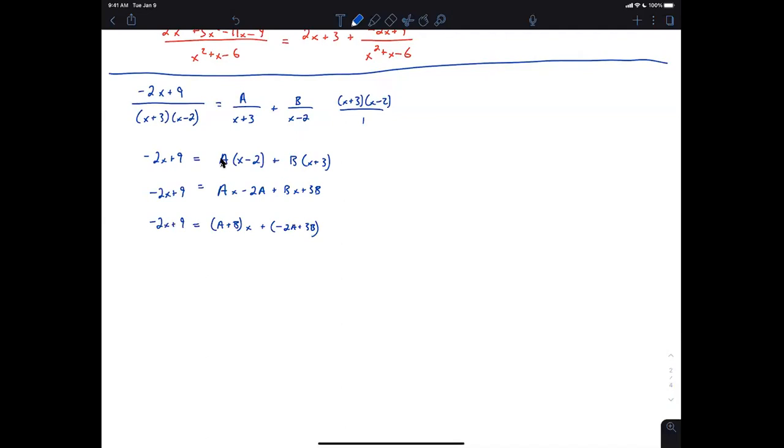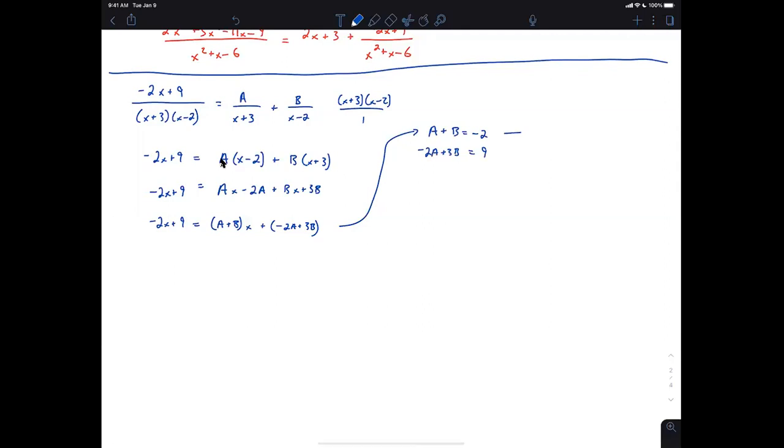So we kind of went through the rationale of that more slowly the past couple of lectures, but is everybody clear? All right, and so based on that, we have A plus B is equal to -2. And then -2A plus 3B is equal to 9. And now you can solve this a lot of different ways.